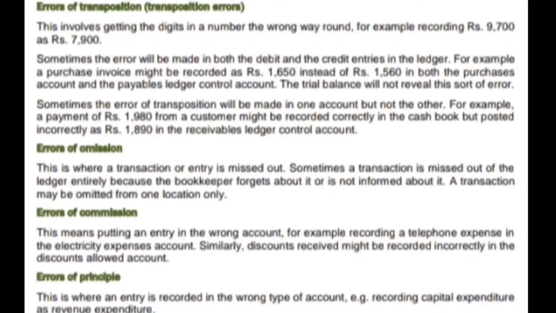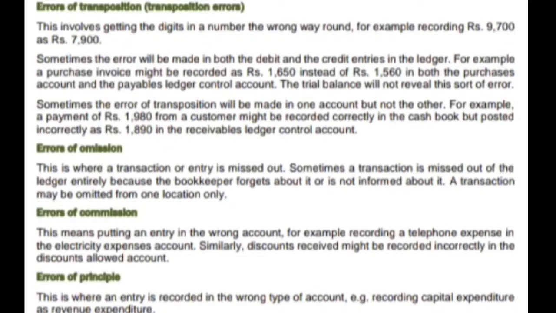Then number four, error of principle. Principle error means that you have made a mistake in any of the accounting rules. As you can see in the example, recording a capital expenditure instead of a revenue expenditure. We have discussed this in another video, where you can see the difference between capital expenditure and revenue expenditure.